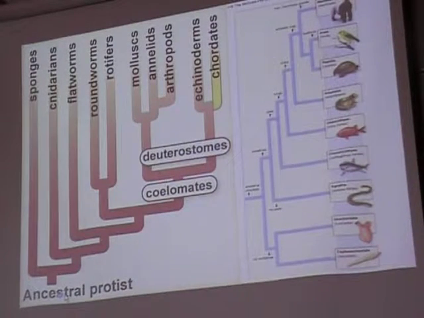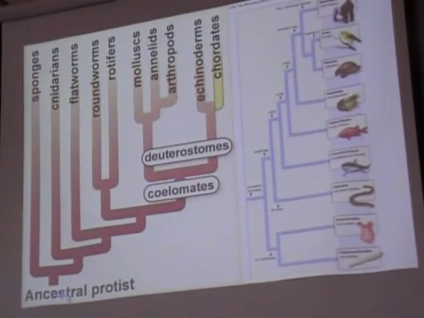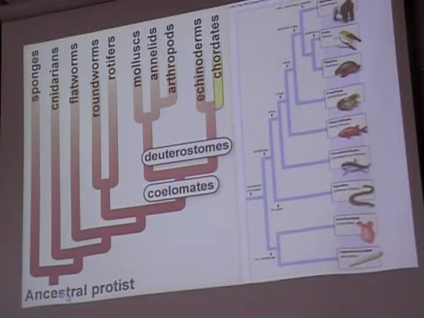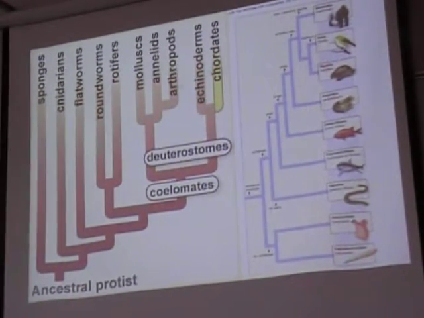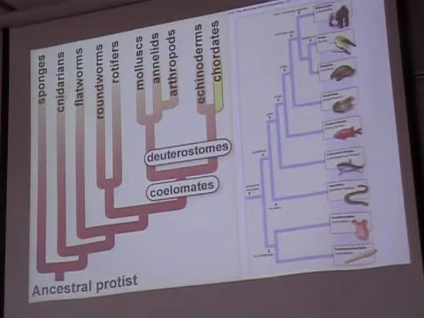Okay. Here's where we are. Up here, we studied all of these phyla already. Sponges, cnidarians, which are like jellyfish, sea anemones, corals. Flatworms like planarians and tapeworms. Roundworms like heartworms and pinworms. Mollusks like snails and octopus and squid.